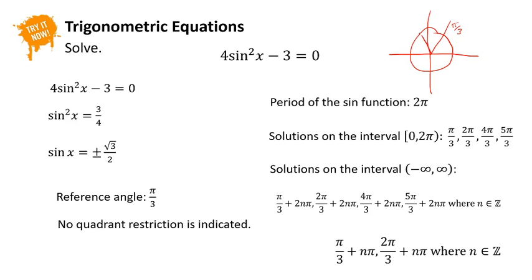The second one's going to be 2 pi over 3. 3 pi over 3 would just be over here, but 4 pi over 3 is going to be, sorry, this one right here. And then 5 pi over 3 is right here. And of course 6 pi over 3 is back home over here.